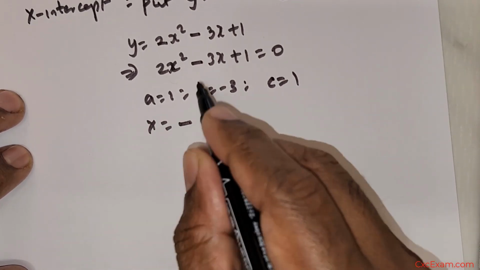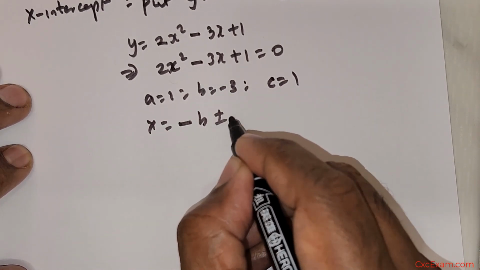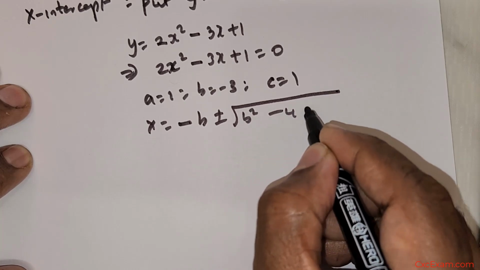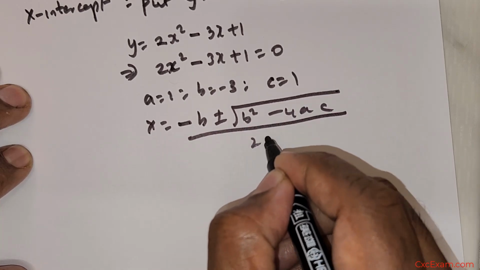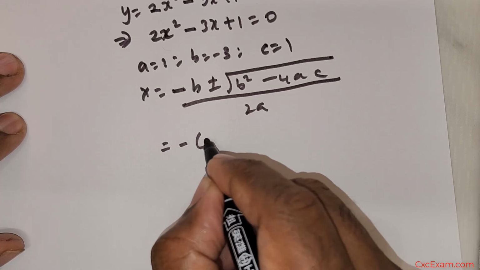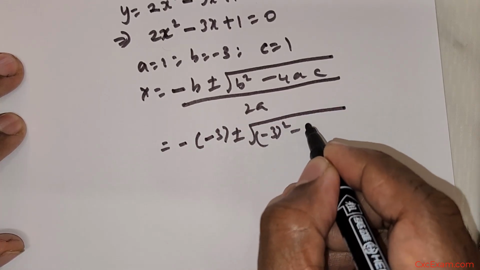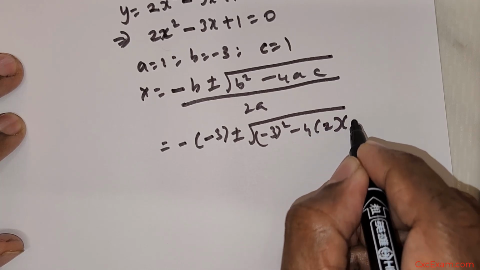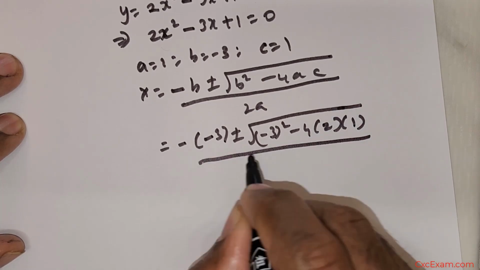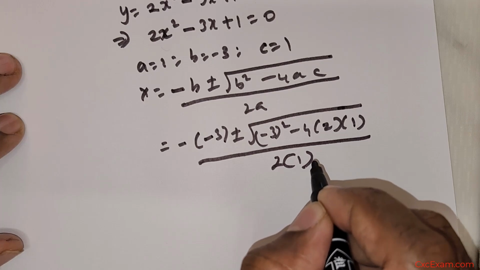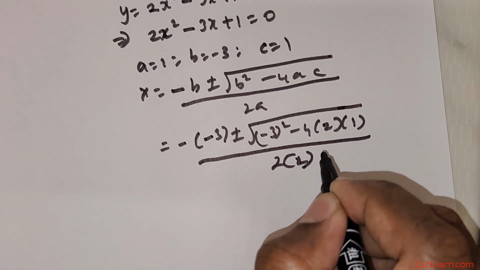I use the quadratic formula. Negative b plus or minus root of b² - 4ac, divided by 2a. This is negative of negative 3 plus or minus root of (-3)² - 4 times a, and c is 1, divided by 2 times a. A is 2.